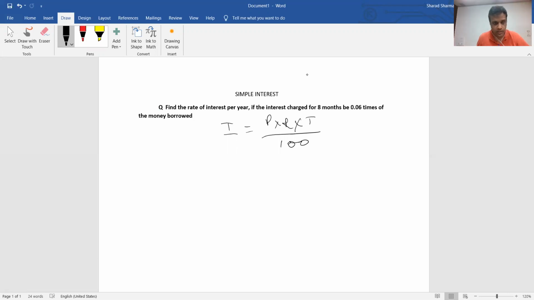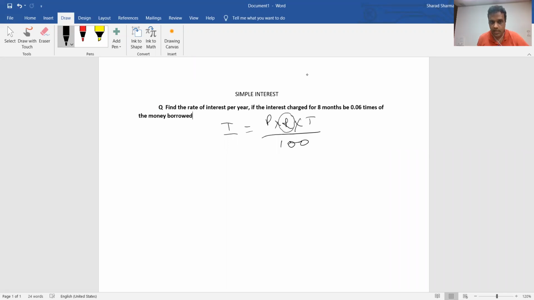Now, the question which we are going to solve today is: find the rate of interest per year. What do we have to find? The rate of interest per year. So we have to find out rate, right? The moment we have written the formula, we know exactly what we have to find out. If the interest charged for 8 months be 0.06 times of the money borrowed.